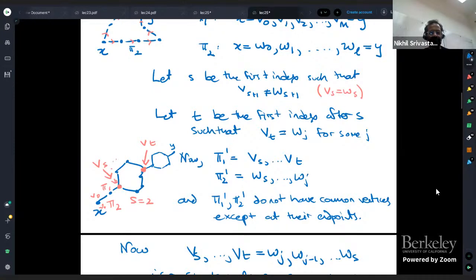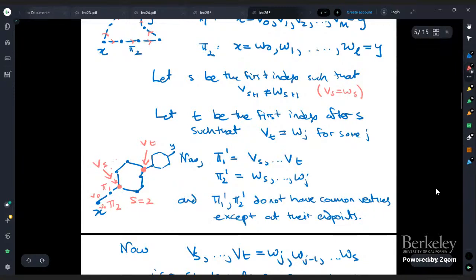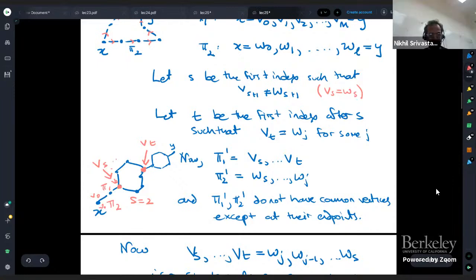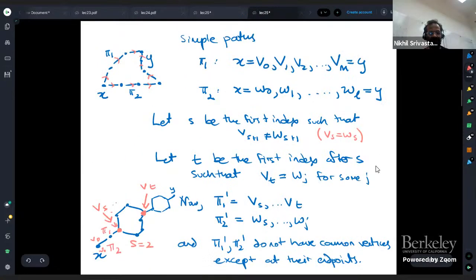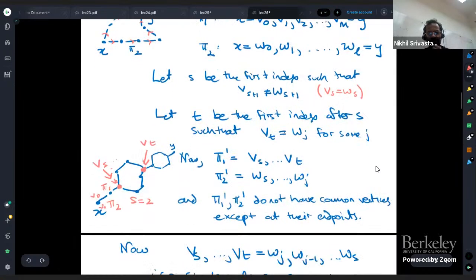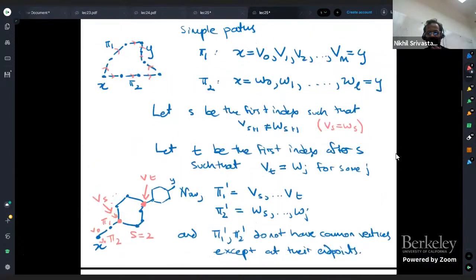Anyone see in the proof where we know that pi1 prime and pi2 prime have to consist of at least one edge? Is it because X and Y are distinct nodes? X and Y are distinct, but the bad situation that we're worried about here is what if pi1 was equal to pi2, right? Then if you do this argument, you don't get anything, right?